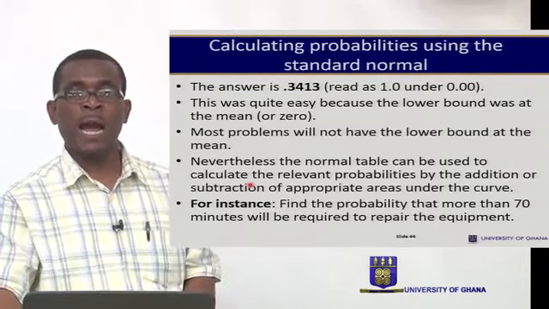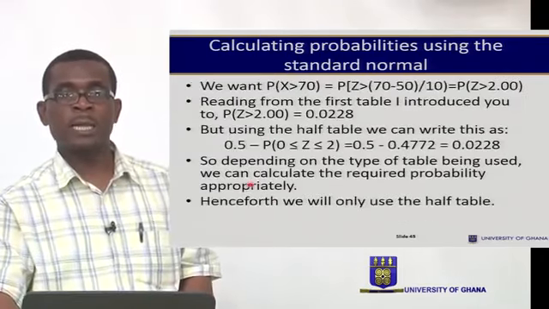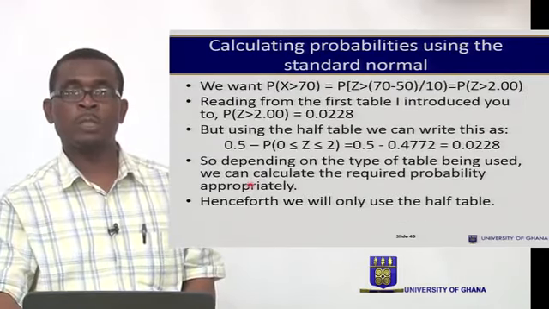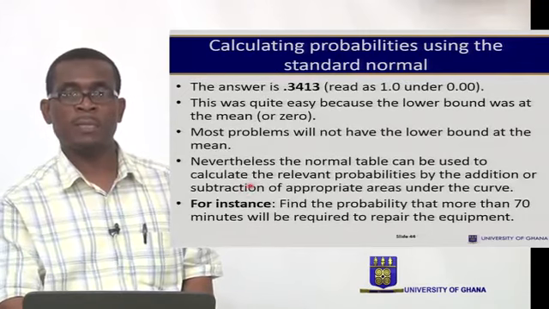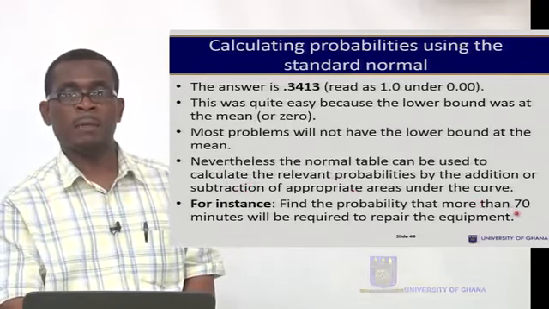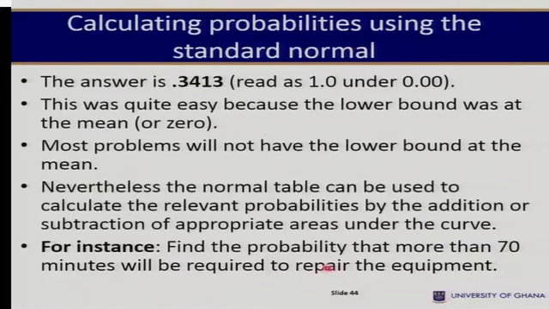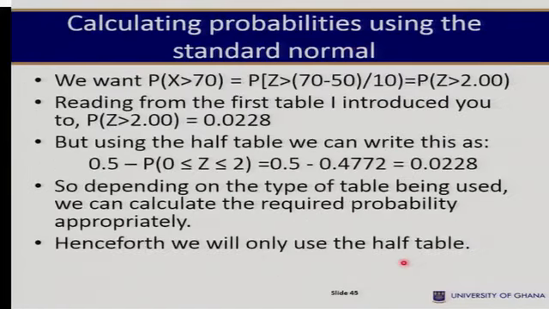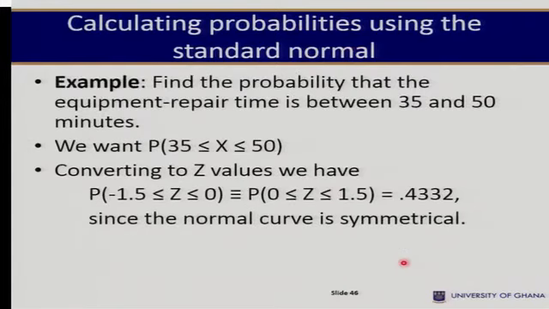Now there are other examples that I've solved. For example, we want to find the probability that more than 70 minutes will be required to repair the equipment, and I have solved it following the procedures. We also have another which says that we want to find the probability that the equipment repair time is between 35 and 50 minutes.